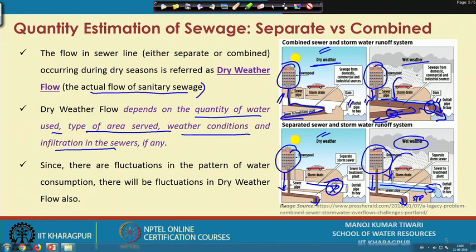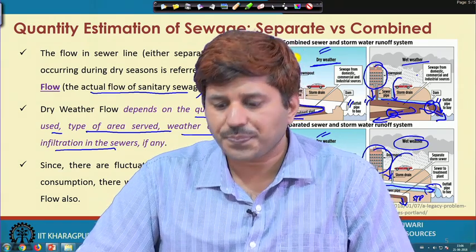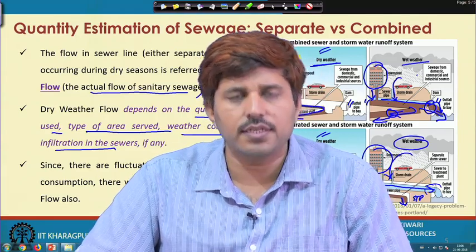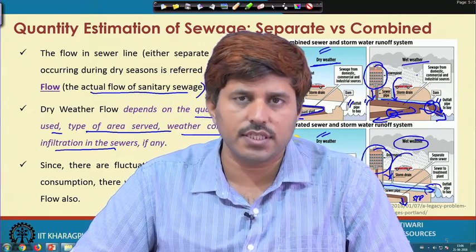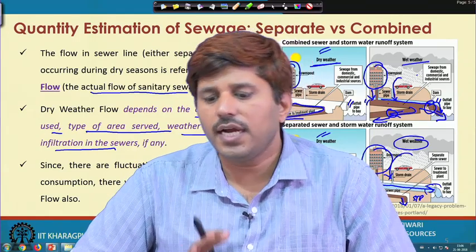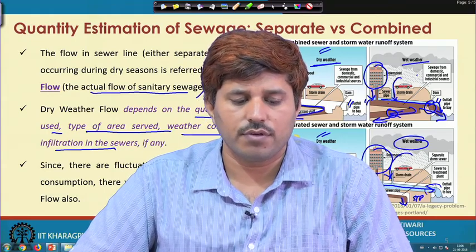If there are faulty joints, or the groundwater table is higher than the sewer alignment, there is a possibility of infiltration from there as well. All these things can come during the dry weather season, the no rainfall season, and that is typically referred to as the dry weather flow.